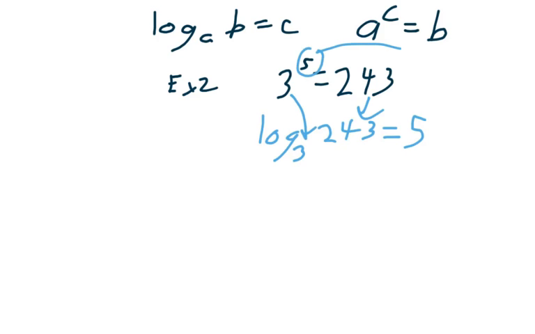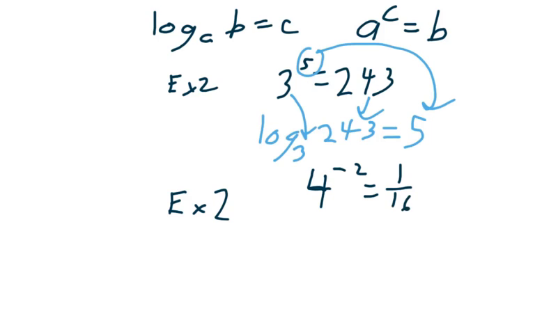And the 5, the exponent, is the answer of a logarithmic problem. Let's do one more of example 2 first. If I did 4 to the -2nd equals 1/16, that means log base 4 of 1/16 equals -2.